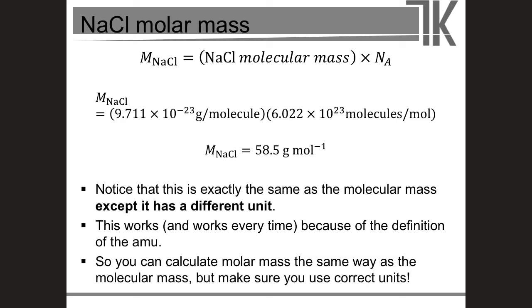So you can calculate the molar mass the same way as the molecular mass, but make sure you use the different units. Or, if a question gives you molecular mass, you can just change the units on it and treat it like the molar mass and use it for whatever you need. Whether you need it in the form of molecular mass or molar mass is absolutely fine. Just be careful with the units.